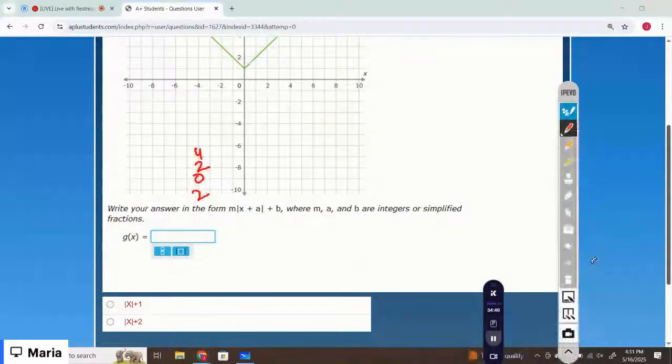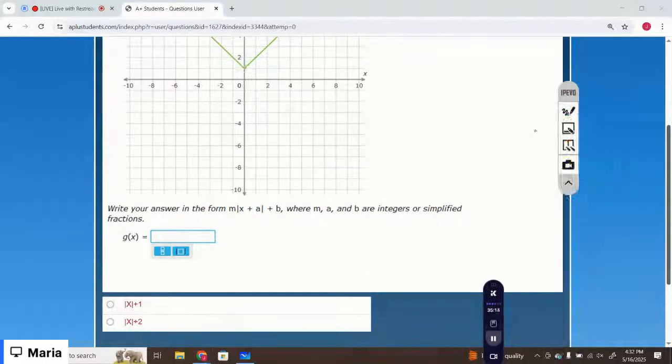So you need to move 1 and 1; you will be on 0, 0, you need to move 2 units down. So that is option number 2, the correct option.